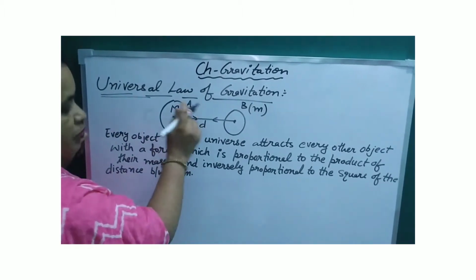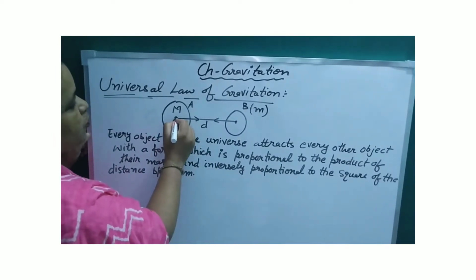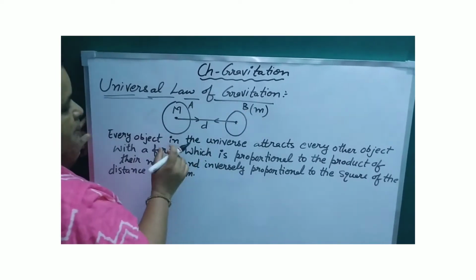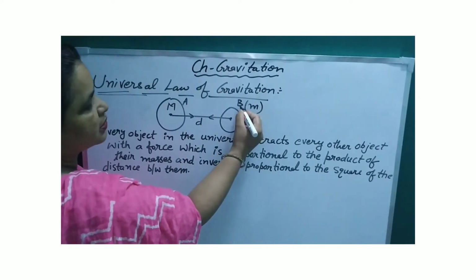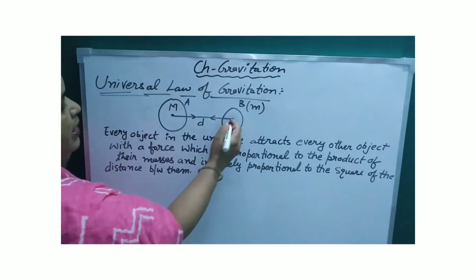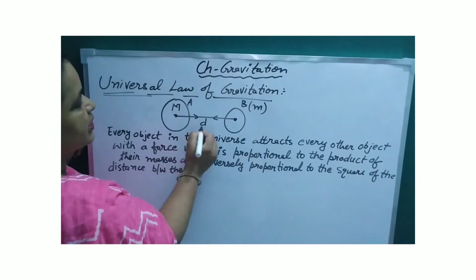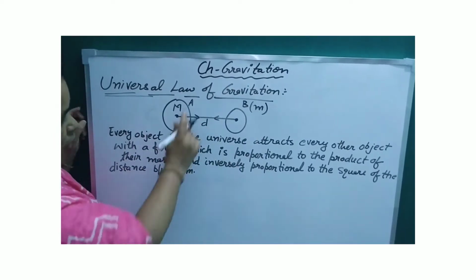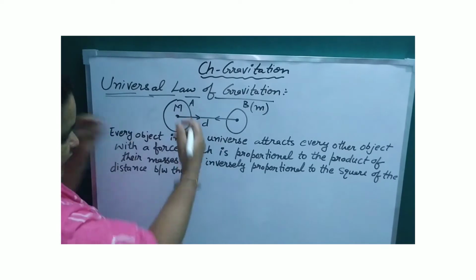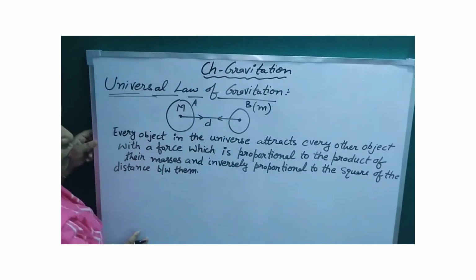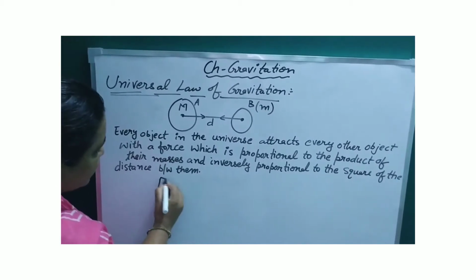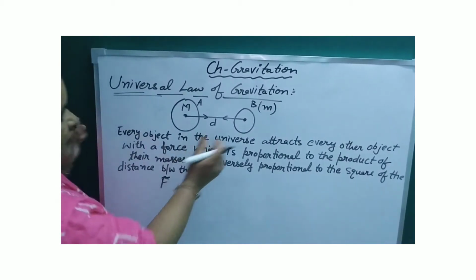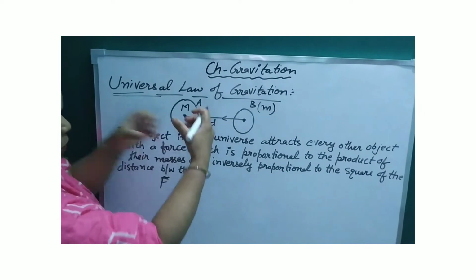So let us derive it. Let us consider two bodies, A and B. The mass of body A is capital M, the mass of body B is small m, and the distance between their centers is d. They are attracting toward each other, so according to Newton's law of gravitation, F is the force between the two bodies.